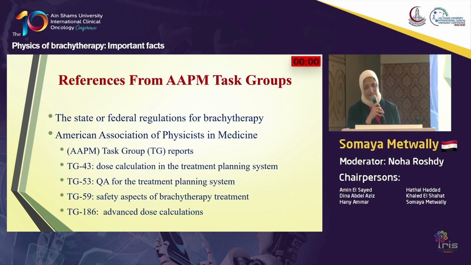The state and federal regulations of brachytherapy follow the American Association of Physicists in Medicine, AAPM Task Group, TG reports. If you want some reference about electronic or other brachytherapy, you have to read these AAPM TG reports: TG 43 about the dose calculation in treatment planning, TG 53, QA for treatment planning system, TG 59, safety aspects of brachytherapy treatment, and TG 186, advanced dose calculation.